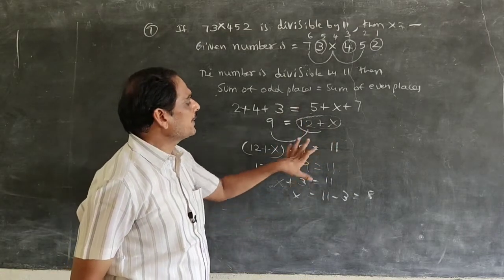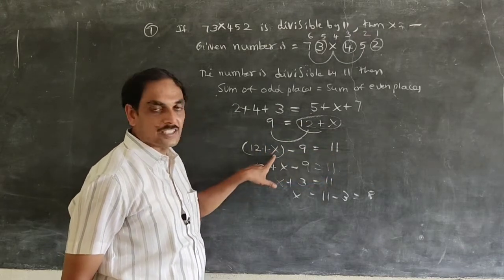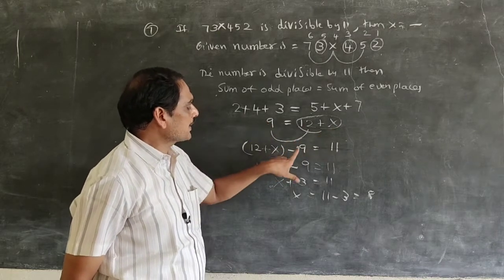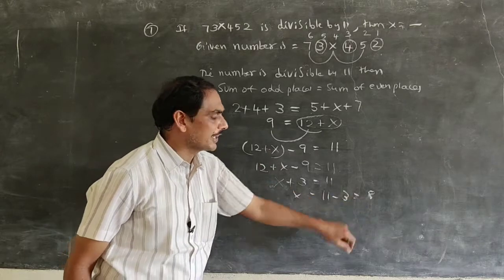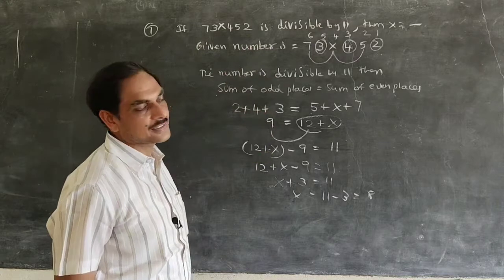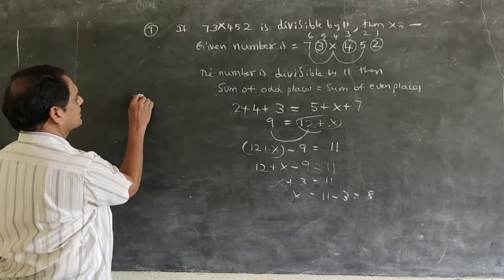So if the difference between them is 11, then the number is divisible by 11. So 12 plus x minus 9 equals 11, then from this we write x equals 8. When we substitute x equal to 8, the number 738452 is divisible by 11.